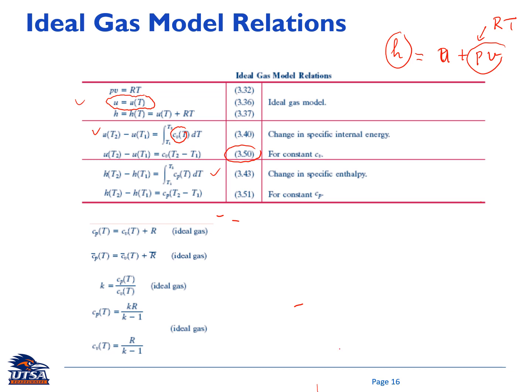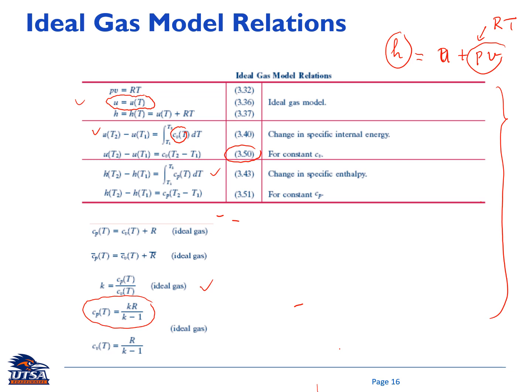So these formulas will be put in the equation sheet. You don't need to memorize them, but you need to be familiar. You need to understand when and where you need to use these formulas. We also have k, and look at here, this is another form of Cp. When k is given, then you can calculate it.